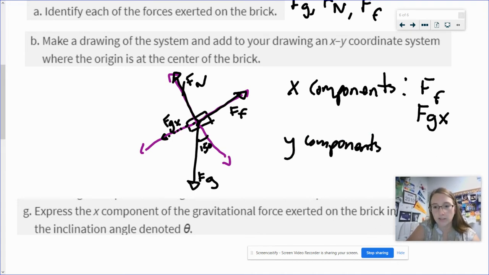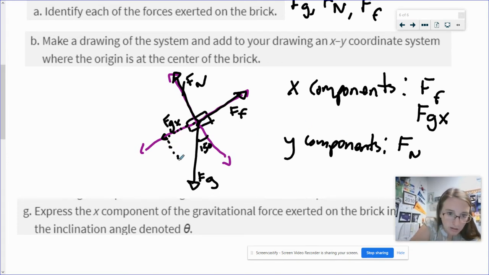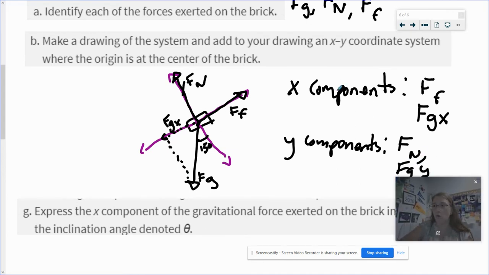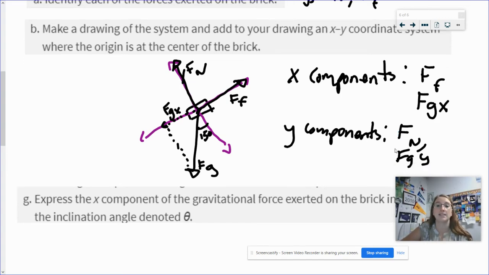My y components, we can see that again, the normal force is strictly a y component, and we also have a y component for gravity. So the goal of this question is to show that my x components will be opposite and equal, and my y components will be opposite but equal. Again, that means if you were to add them together, they would be 0.